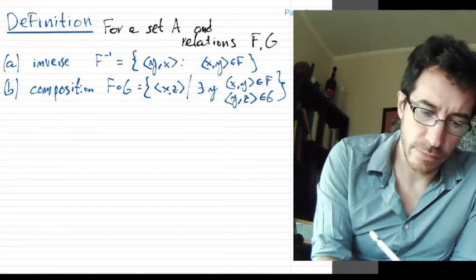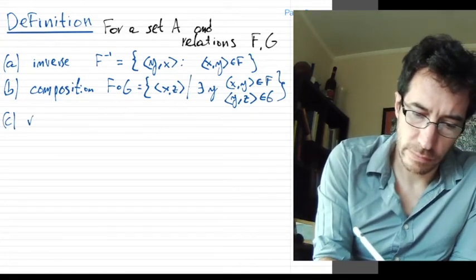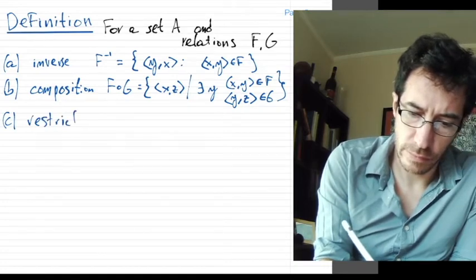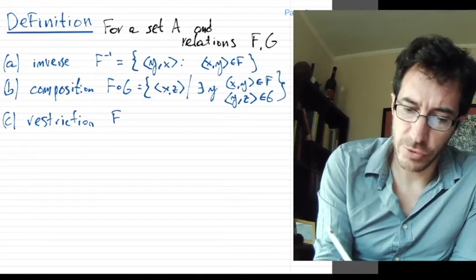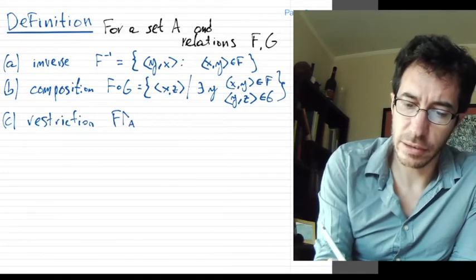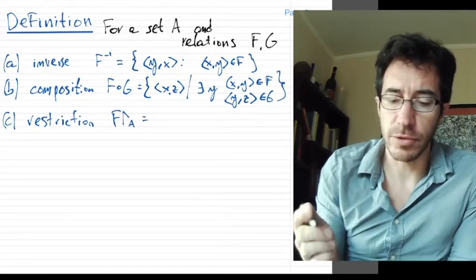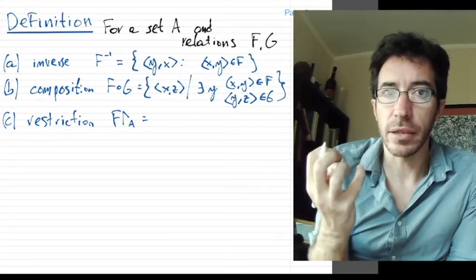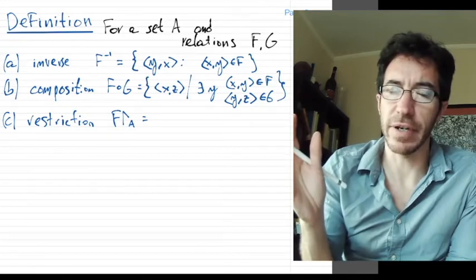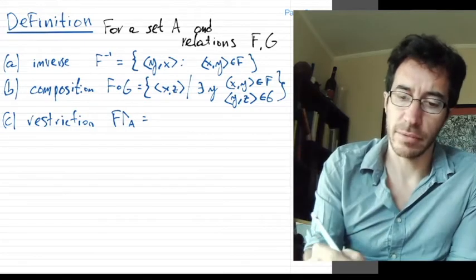The restriction of f to a set A, here again this works for relations, is where we restrict the domain to A. We forget about everybody who's not in A, at least in the domain.